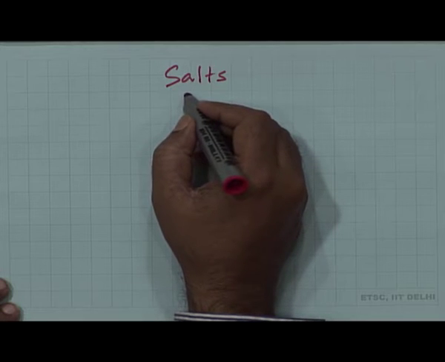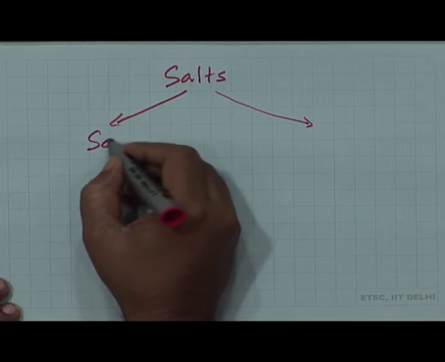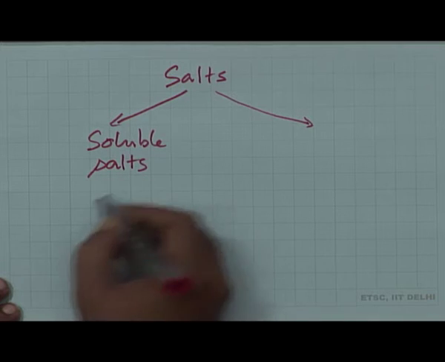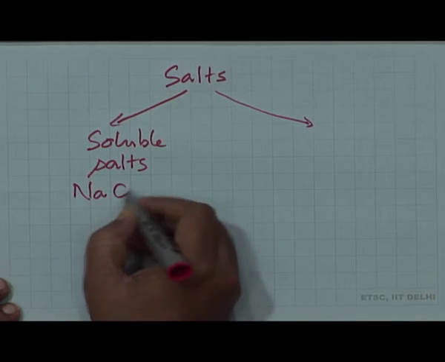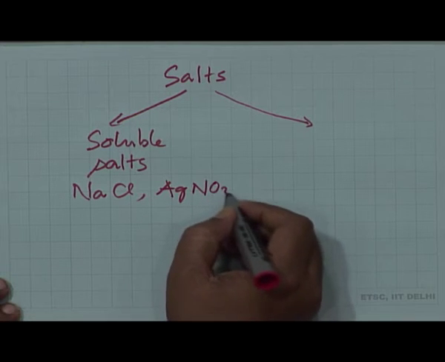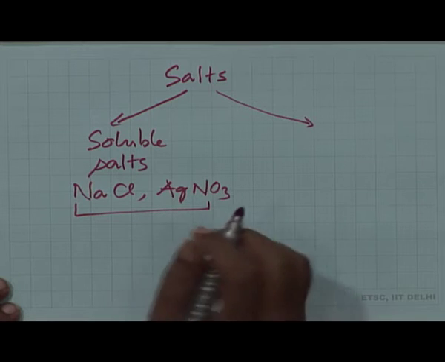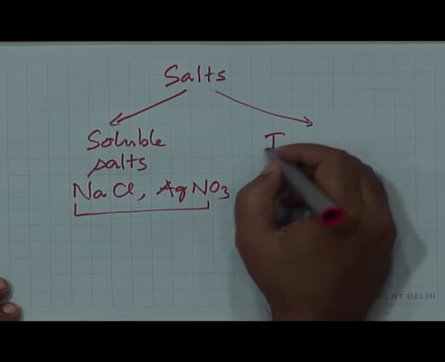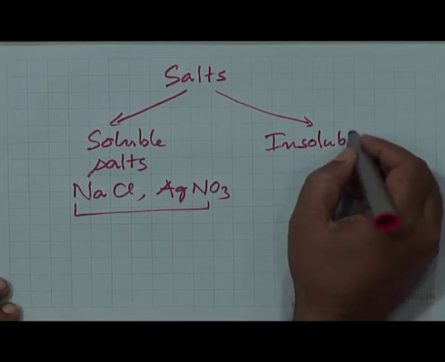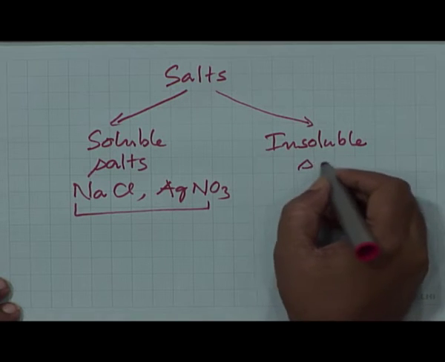Salts can be of two types: soluble salts, for example, NaCl, AgNO3, these are quite soluble in water, whereas there are some salts which are insoluble, it means sparingly soluble salts.